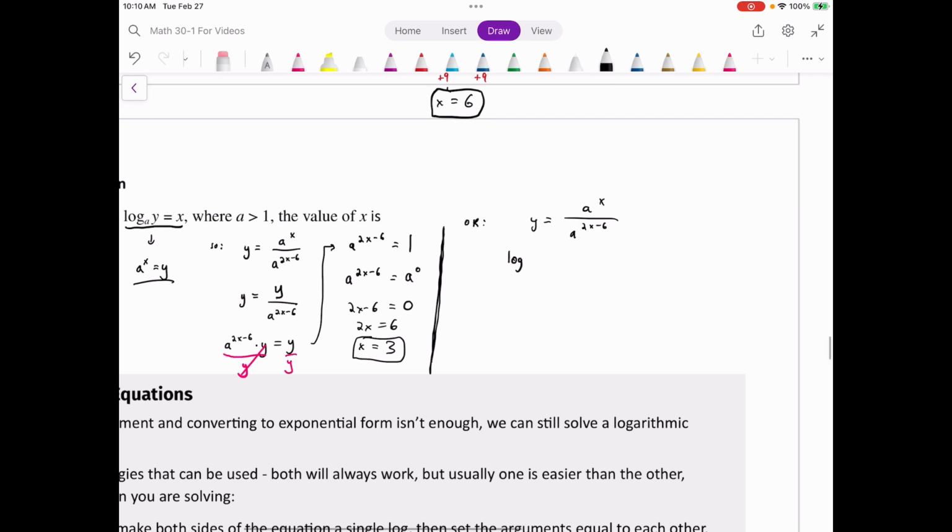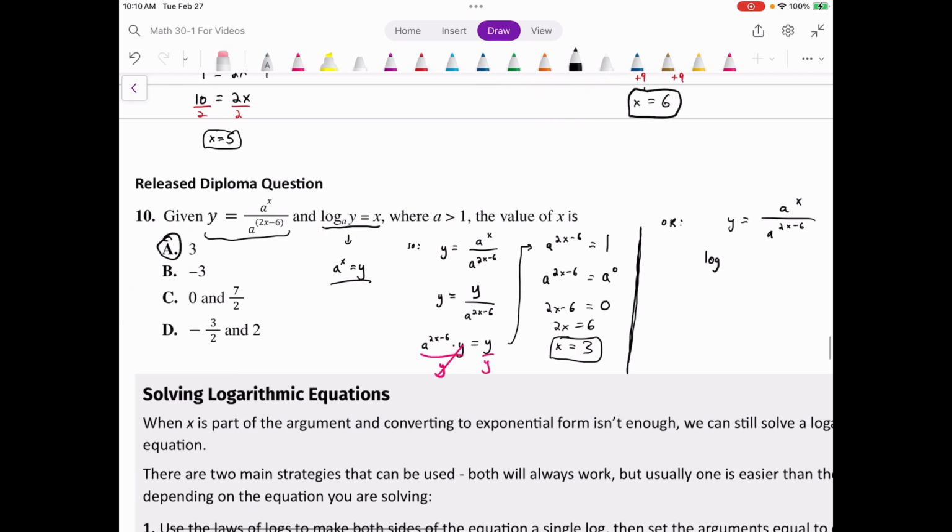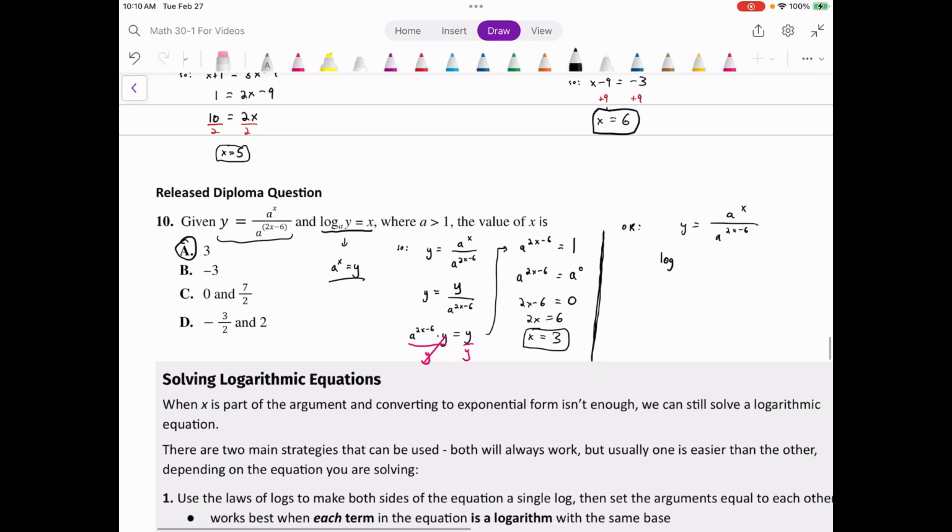So normally, like I said, often what we would want to do is take log base 10 of both sides because then we can put it in our calculator, but I'm actually going to choose not to do that here. The reason being, I know that log base a of y is x. So I know stuff about log base a of y. I don't know anything about log base 10 of y, right? This is a very algebraic one.